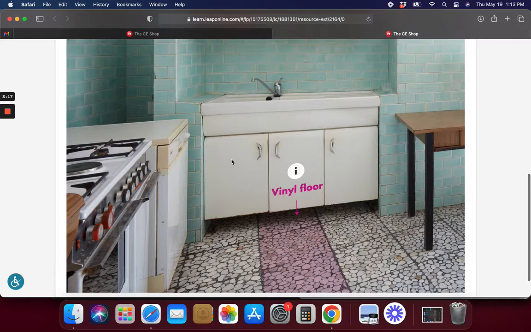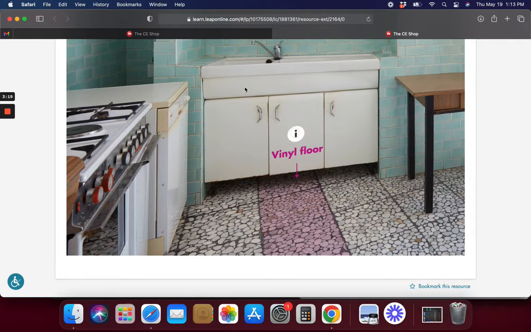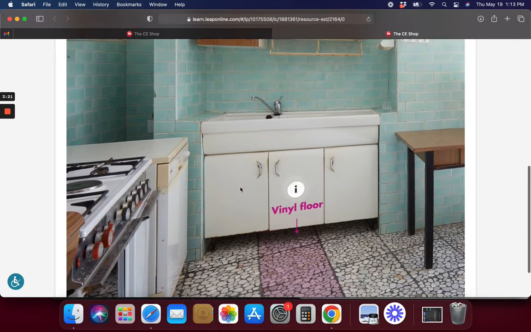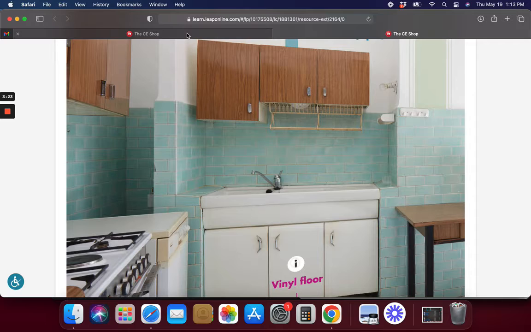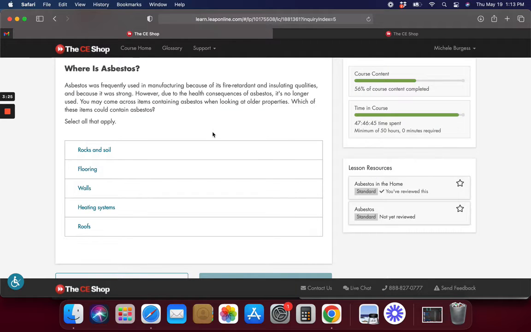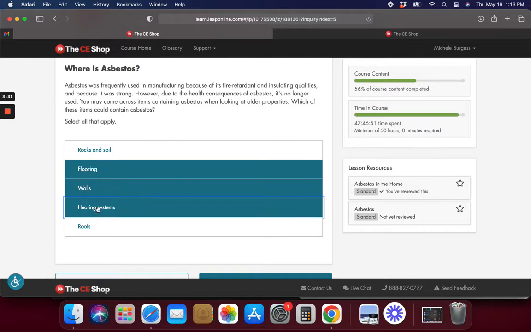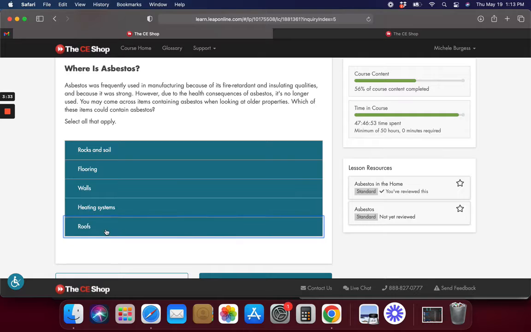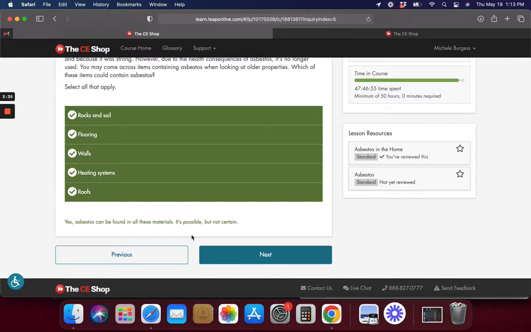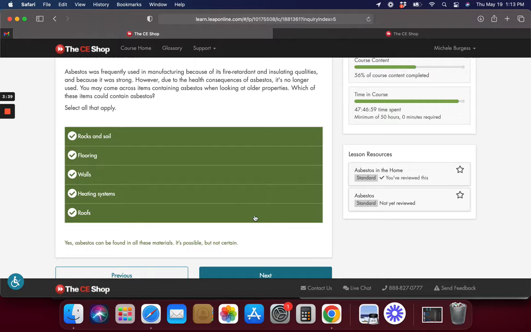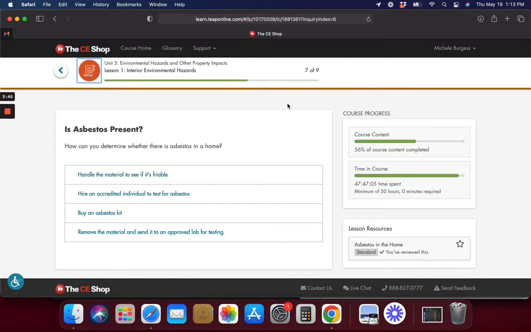I can just tell by the tiles, by the furniture here, that this is like 1940s, 1950s. So rocks and soil, heating systems. I don't know which ones these are. All these materials, it is possible but not certain that you can find asbestos in all this stuff. A lot of lawsuits have been brought about because of that.